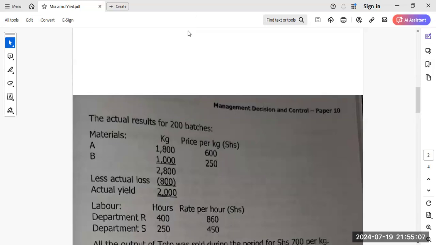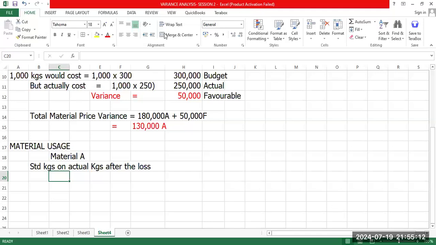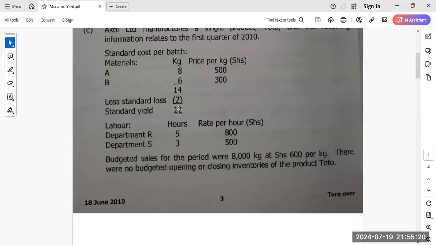For A, it is 8 over 12. This is after the loss.